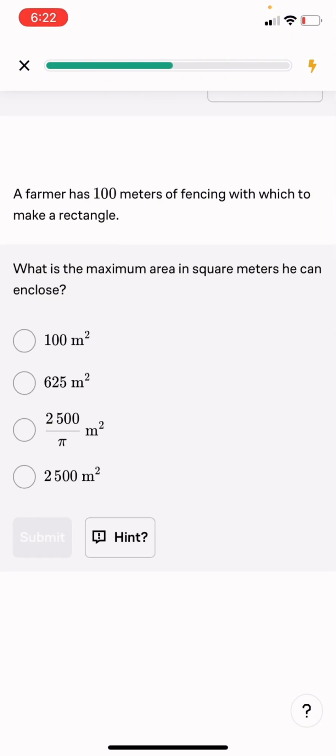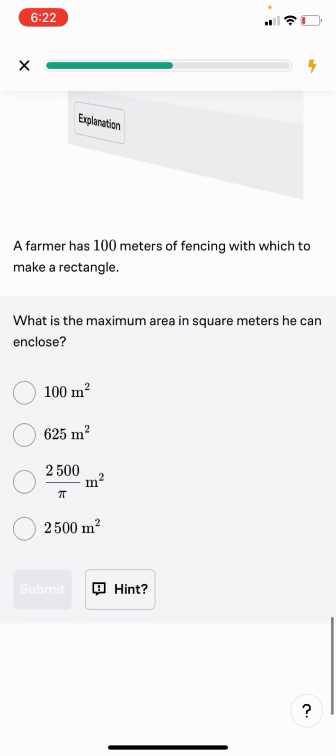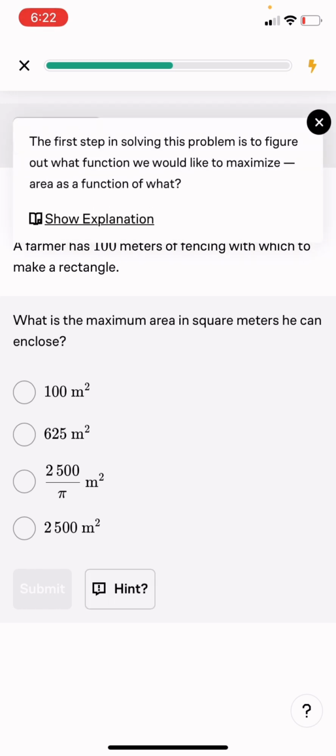A farmer has 100 meters of fencing from which to make a rectangle. What is the maximum area in square meters he can enclose? What is the max?